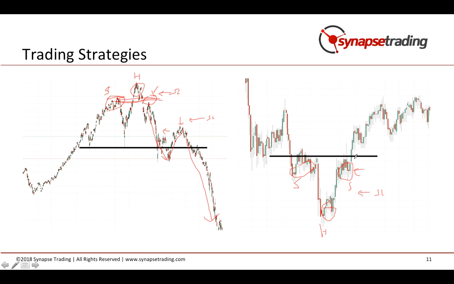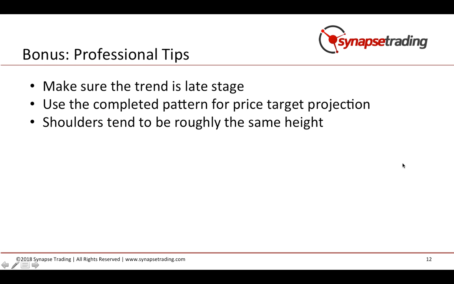Or you can wait for the price to break through the neckline. You can enter right at the point where it breaks, or you can wait for the pullback to enter over here. Okay, so the idea is really to look for opportunities where the risk is low and the upside is a lot. So those are the three key strategies that you can use to trade this pattern.